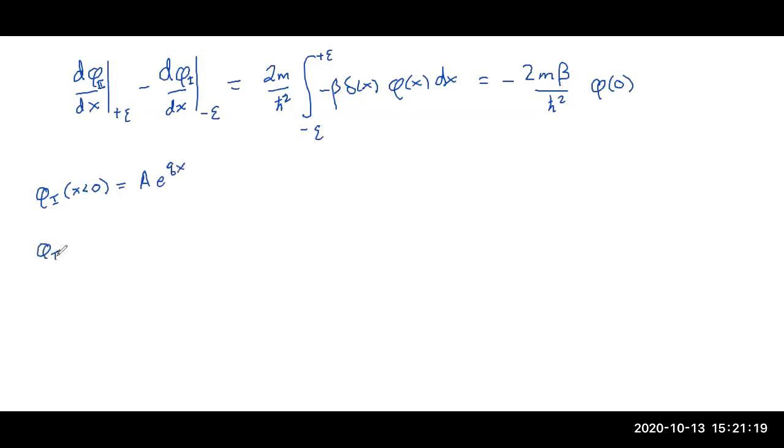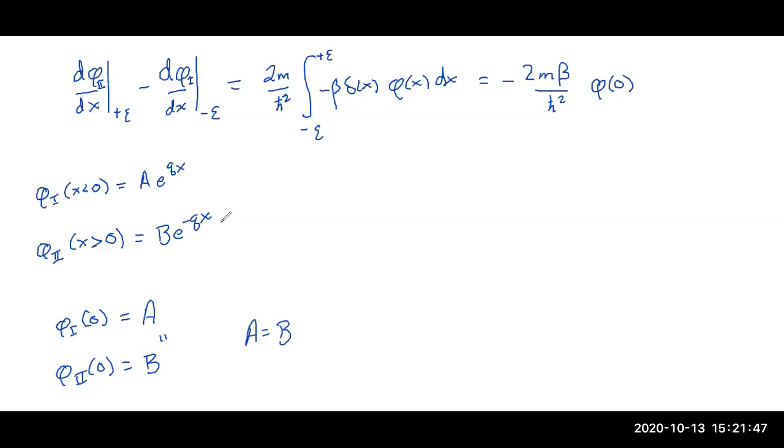And phi 2, which is when x is bigger than 0, is equal to b e to the minus qx. At 0, I need this to be continuous. So phi 1 of 0 is equal to a, and phi 2 of 0 is equal just to b. So this means that these two need to be equal. So a equals b. So I'm going to write this one as a e to the minus qx.